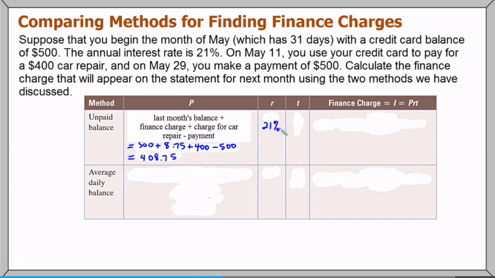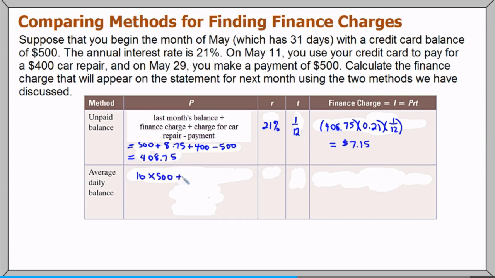R is 21% and T is 1/12. The finance charge for the unpaid balance method is 408.75 times 0.21 times 1/12, which is equal to $7.15.